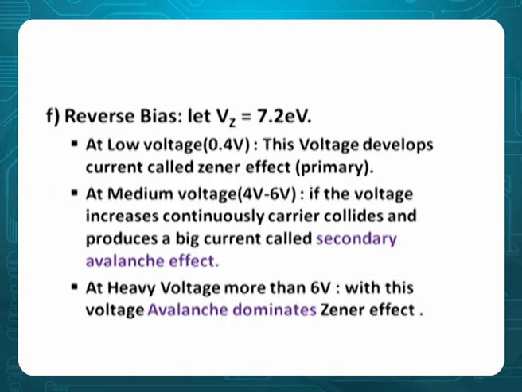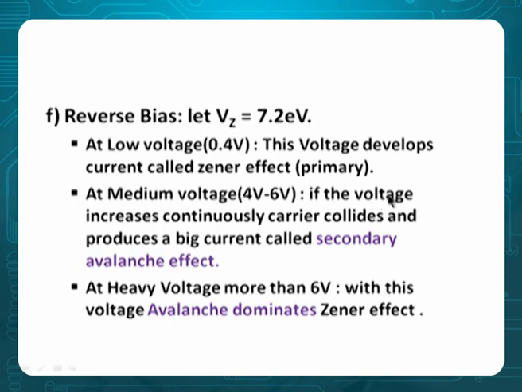Now let me explain the reverse bias concept. Suppose Vz is 7.2 volts. At low voltage, meaning 0 to 4, this voltage develops a current called the Zener effect. That's called primary emission. Zener effect is generally due to voltage. At medium, if the voltage increases continuously, carriers collide and produce a big current called secondary, and that is called the avalanche effect.